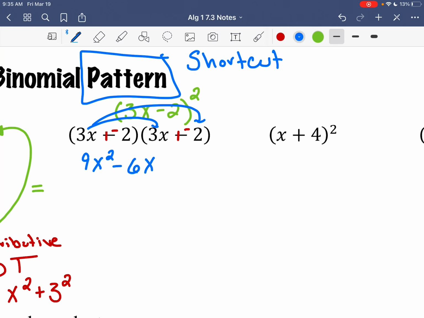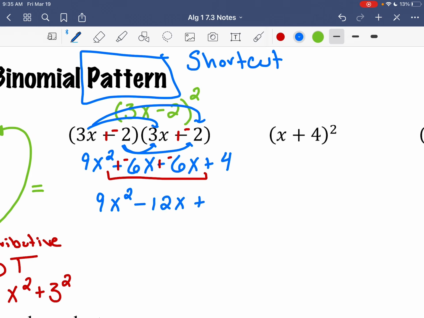Then negative 2 times 3x is also negative 6x, and negative 2 times negative 2 is positive 4. These middle two are like terms, so putting them together, I have 9x squared minus 12x plus 4.